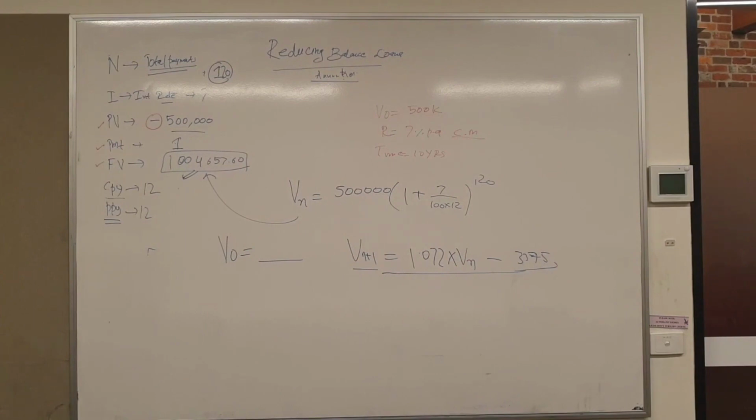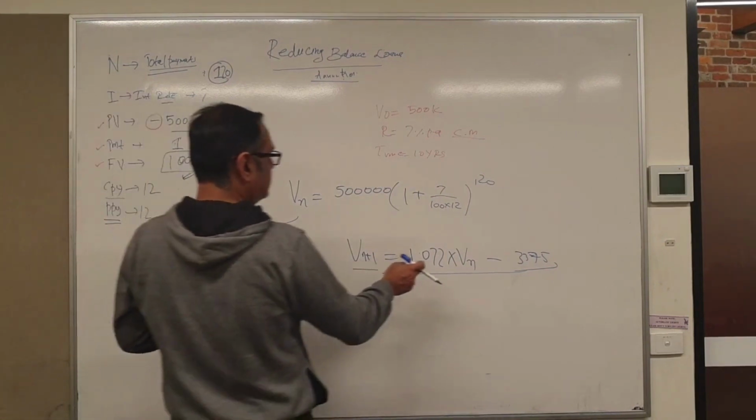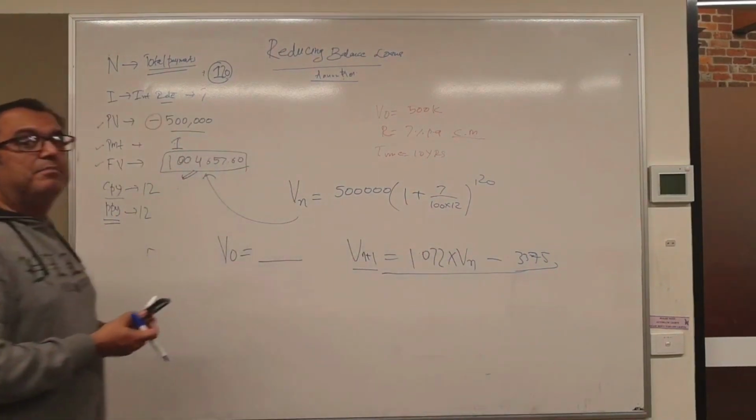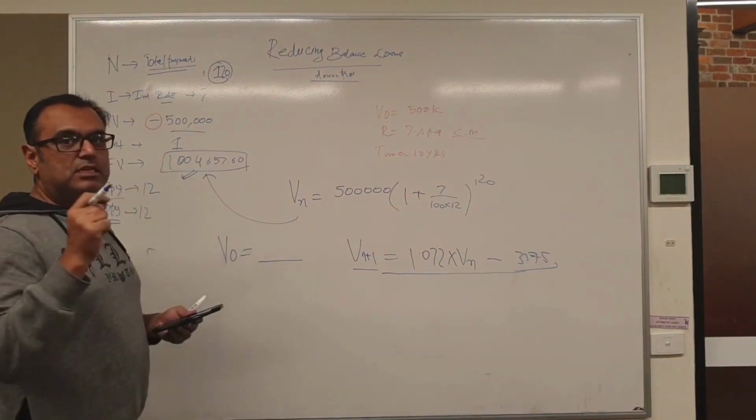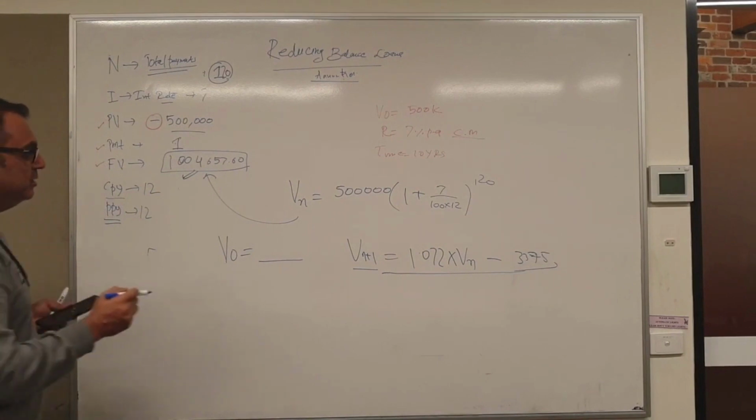Sorry, this one. Yeah, that's fine. There's nothing called sorry. What was Vn equal to again? Vn is the previous term. Your recurrence relation has two parts to it.